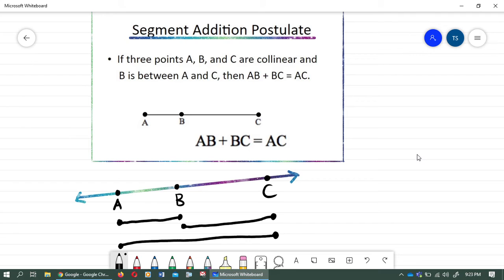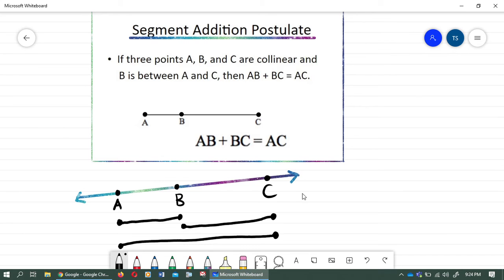So guys, what they're saying is that when you have 3 points on the same line, and those two smaller segments are created, the length of those two smaller segments can be added together to give you the length of the entire whole long segment. So that's why they've got here that the length of AB plus the length of BC is equal to the length of AC.